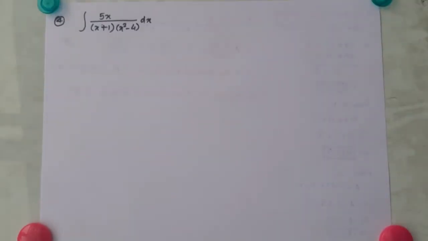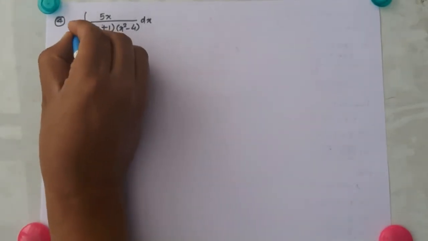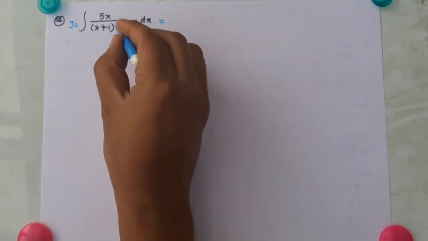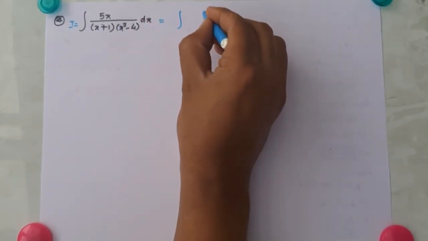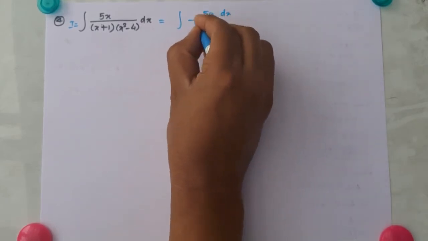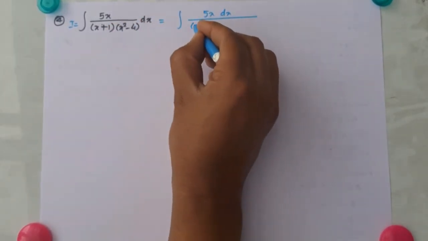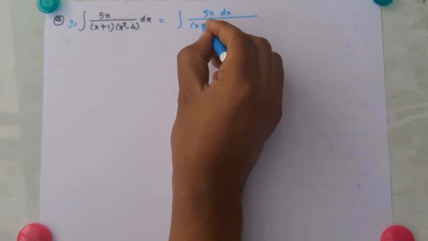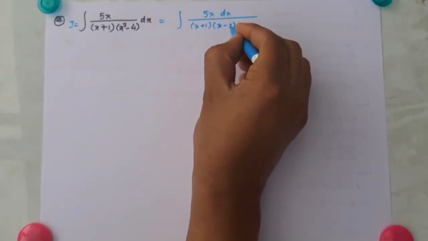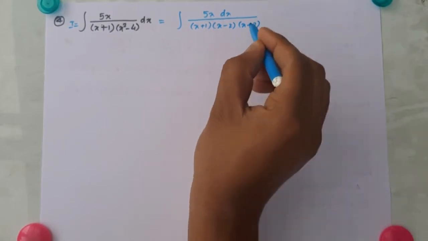Okay, so again, this integral falls under the same category. You know why? Because this can be written as, see here carefully, 5x dx by (x minus 1)(x plus 1) into this x square minus 4 can be written as (x minus 2) into (x plus 2).